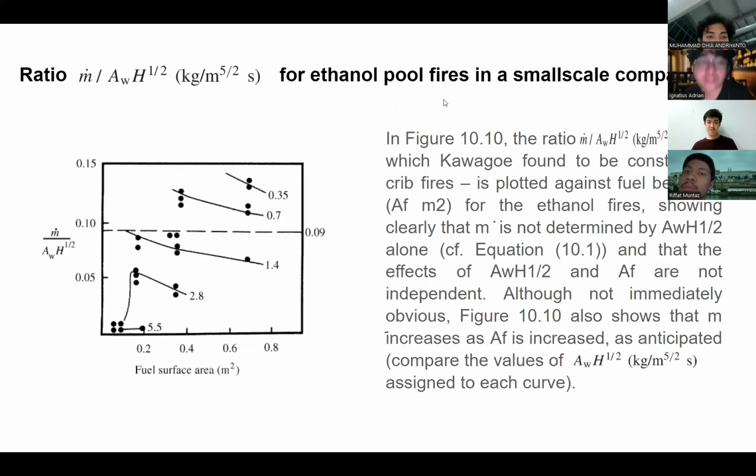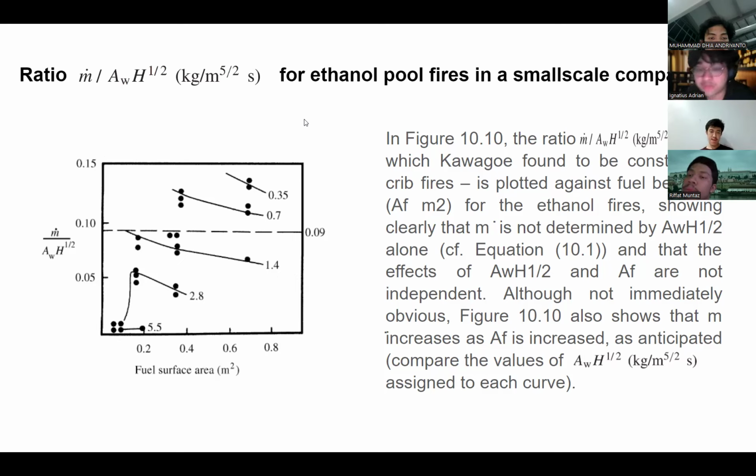This is the ratio of m dot divided by AW√H for ethanol pool fires in a small scale compartment. In the figure, the ratio m dot divided by AW√H, which Kawagoe found to be constant for quick fires plotted against the full bed area AF in square meters for the ethanol fires, shows clearly that m dot is not determined by AW√H alone, compared with equation 10.1, and that the effects of AW√H and AF are not independent.